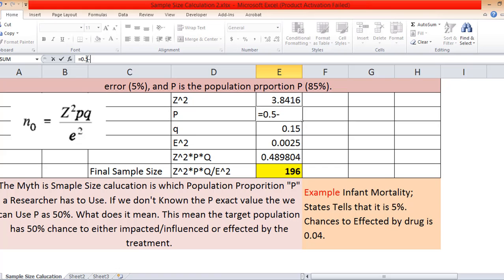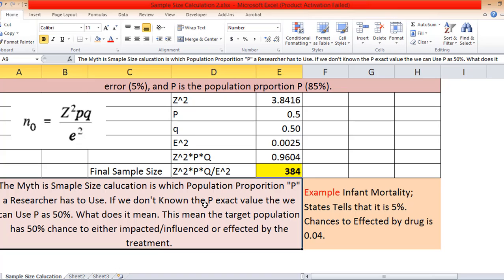When we put 0.50, the sample size is 384. This is a statistically significant sample size at the 5% level. So when P is unknown, use 50%, and if P is known, then you have to use the exact value.